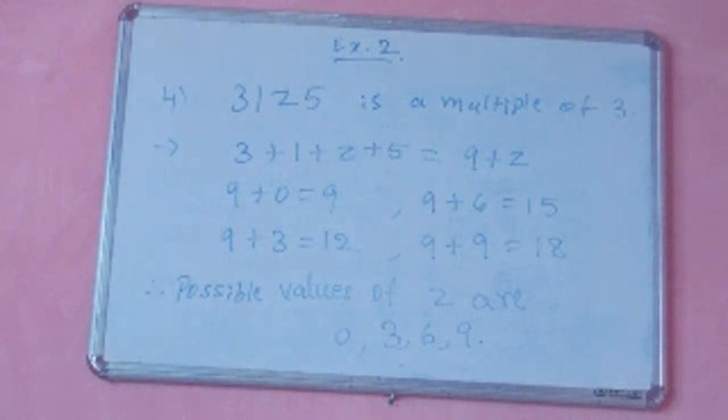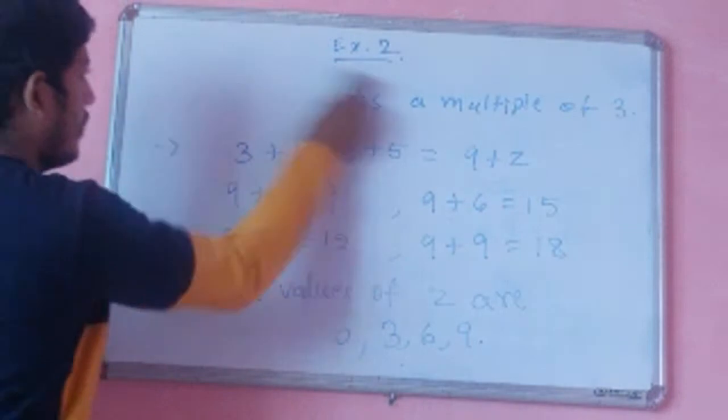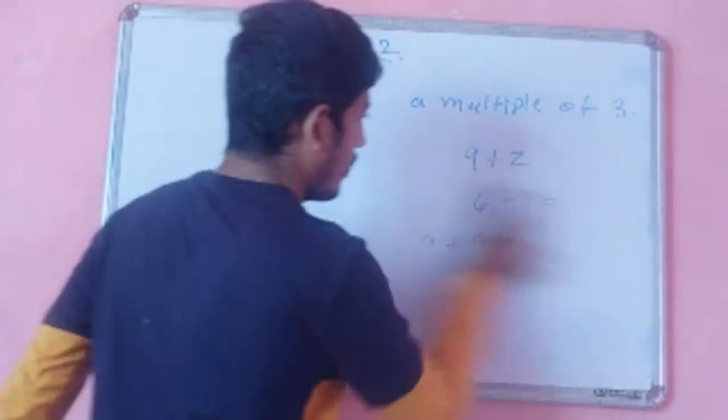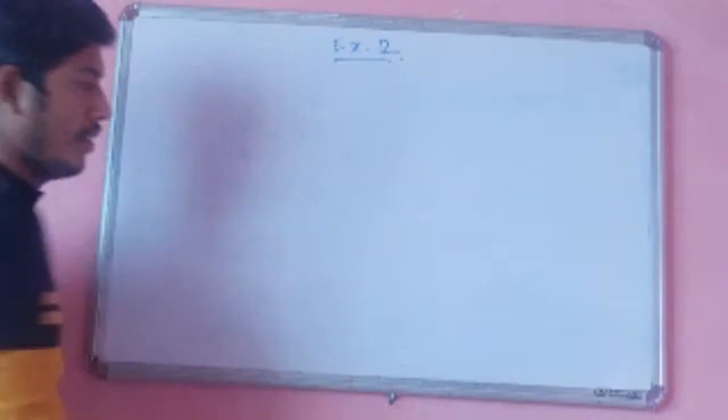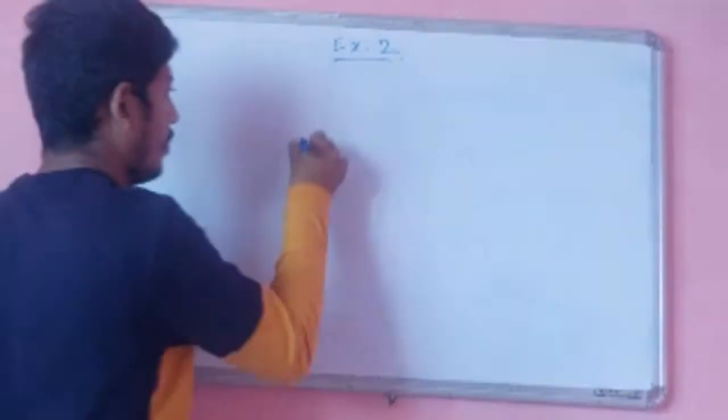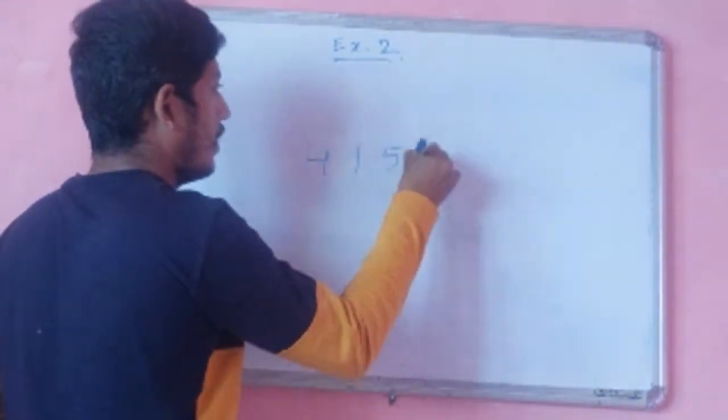Once again, I will tell you how to find out whether a number is divisible by 3 and 9 or not. I'll consider one number, 4157.